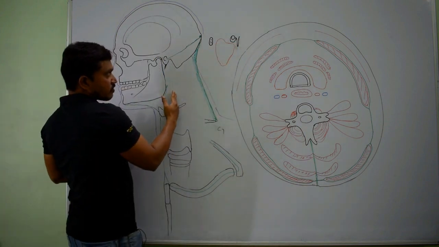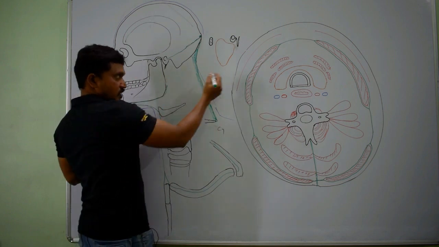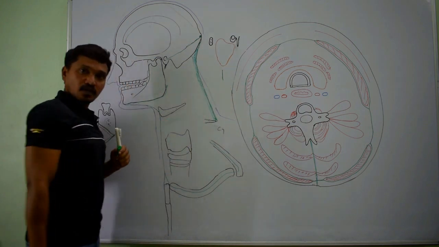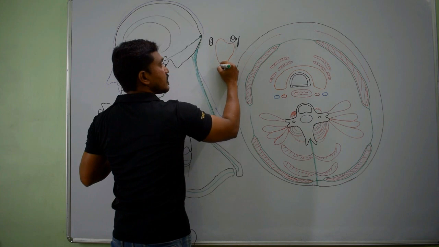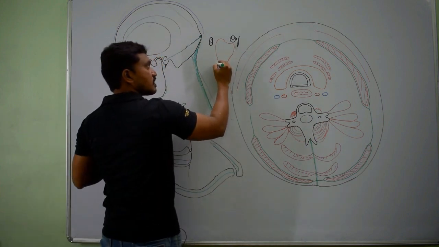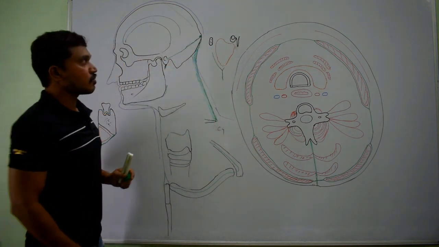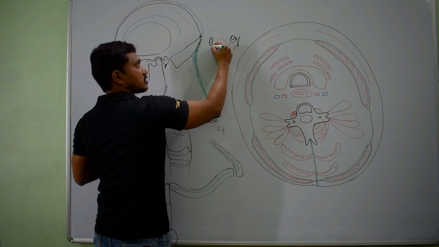When the deep cervical fascia reaches just below the parotid gland, it has been divided into superficial layer and deep layer. The superficial layer is covering the outer or superficial surface of the parotid gland, and it is attaching to the zygomatic arch.